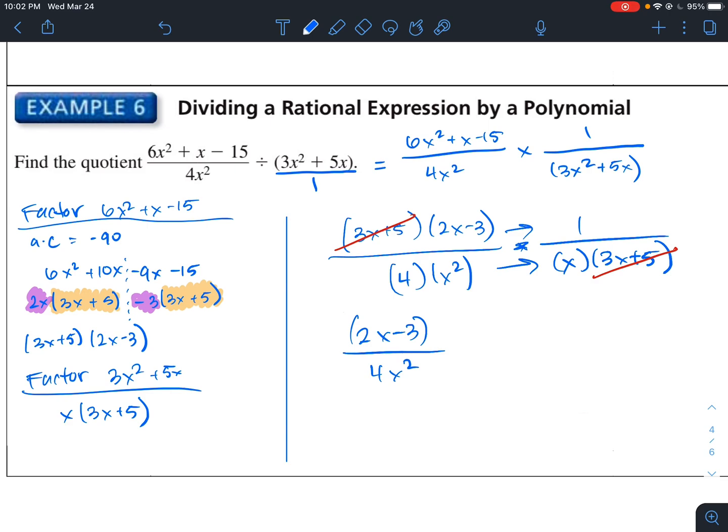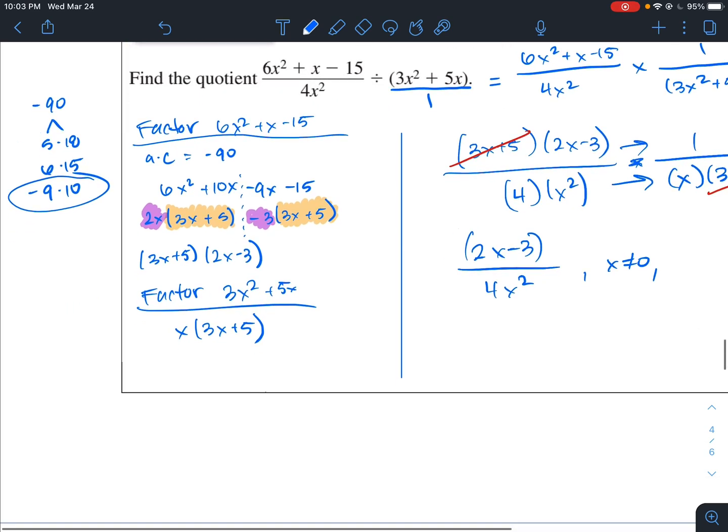Okay, and then x cannot equal 0, and x cannot equal, so whatever makes this equal to 0.